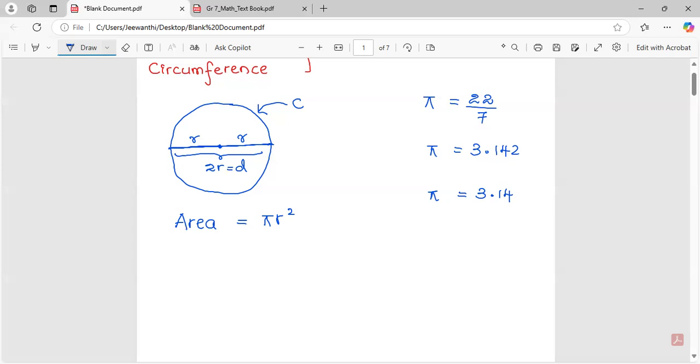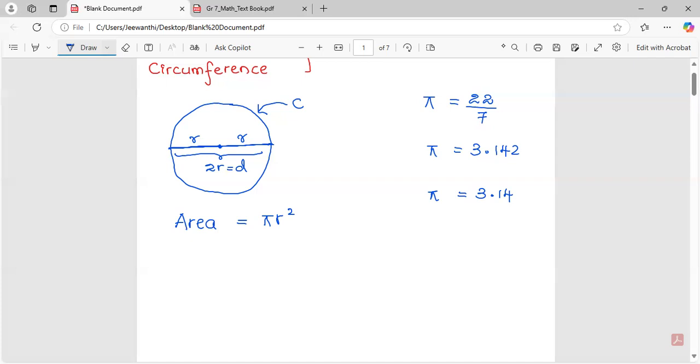But for the time being, in the exam paper, they will give you π is equal to 22/7, or π is equal to 3.142, or π is equal to 3.14. Likewise, they will give you the value you want to use, and based on that, you can use it.